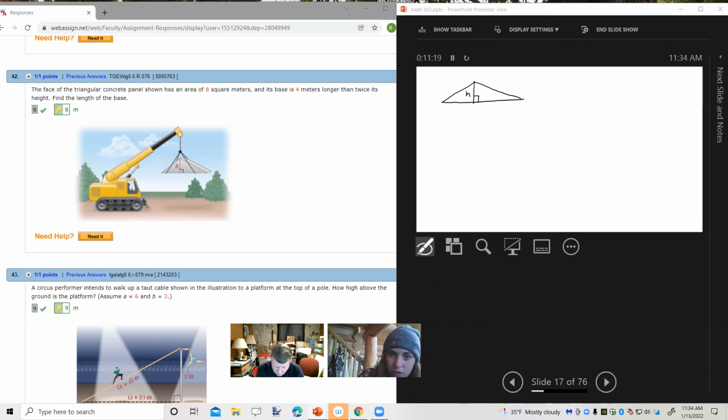So the face, basically what we can see there, has an area of 8 square meters. Its base is 4 meters longer than twice its height. So the base is this distance here and the height is the perpendicular given it, okay? So the base is being compared to the height.